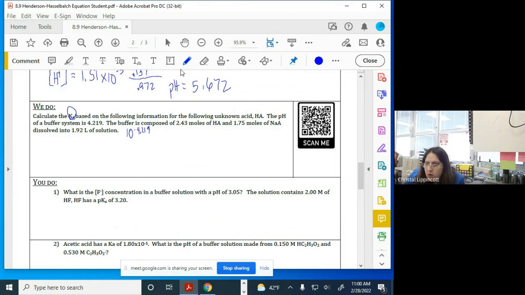So 10 to the negative 4.219 gives me 6.04 times 10 to the minus 5. So that is my H plus concentration. We're solving for Ka, and we have 2.43 here for our acid and 1.75 for our base.